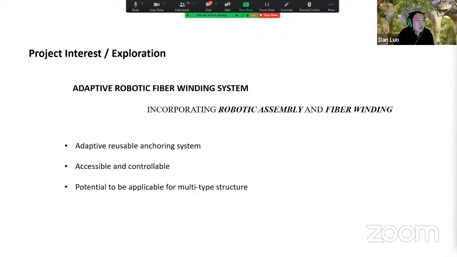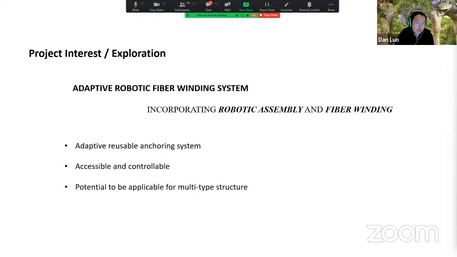For our research project, based on the research strength at the University of Queensland, we're trying to develop on the existing body of research and explore if we can fabricate them in a more systematic and more sustainable way, which reduces the use of single-use formwork while being able to accommodate a wide diversity of geometries.